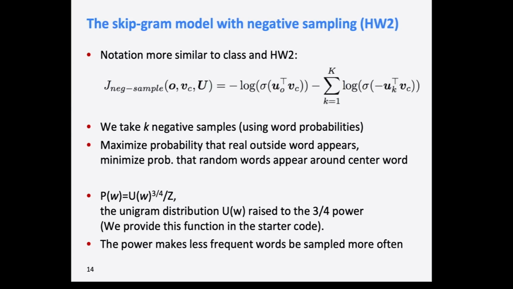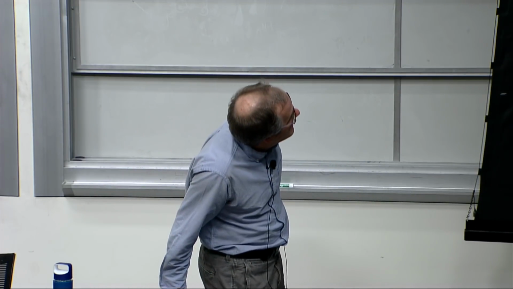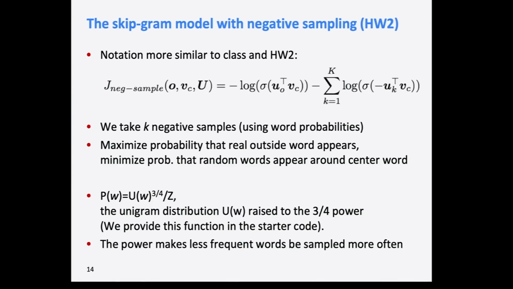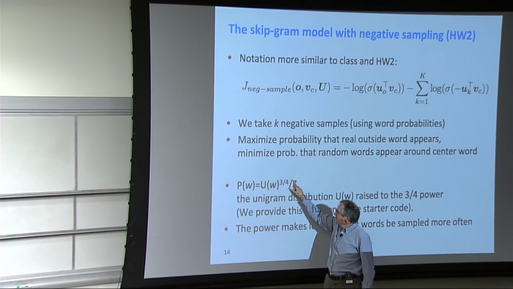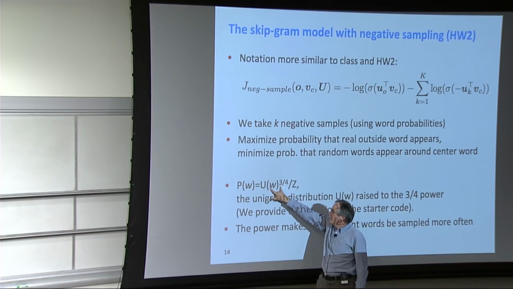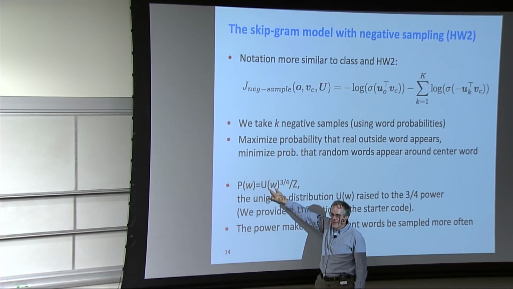Anyone have any last questions? Yes? This is, sorry, that capital Z is often used as a normalization term. And so this is saying, well, if you want the probability distribution of words, you work out this 3/4 power of the count of the word for every word in the vocabulary.